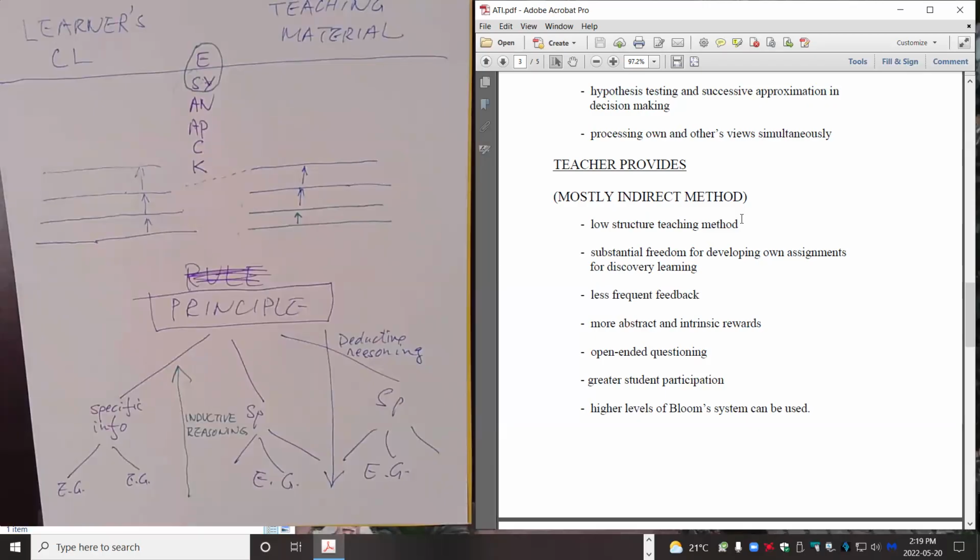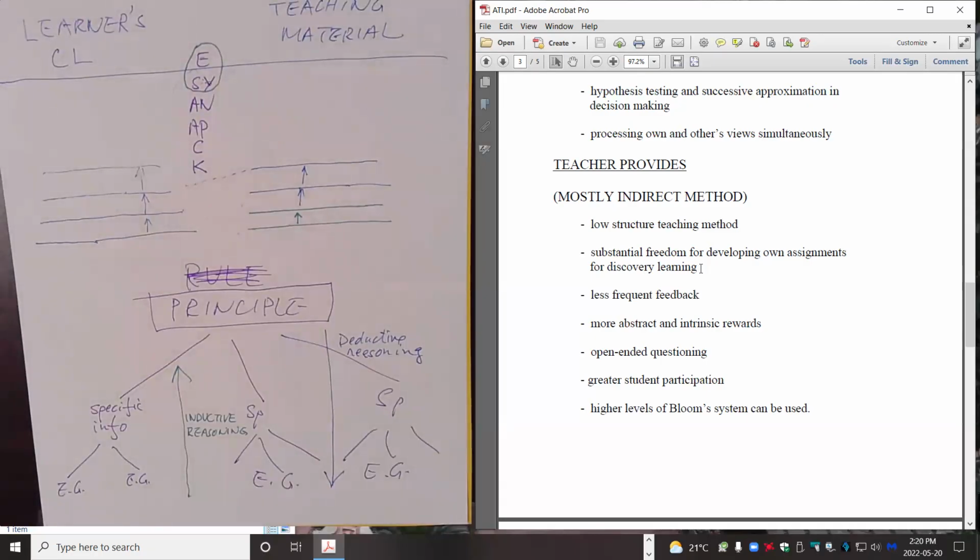So low structure teaching method, substantial freedom for developing own assignments for discovery learning. For discovery learning, they may want to write a critique, or compare two methods, that type of thing.